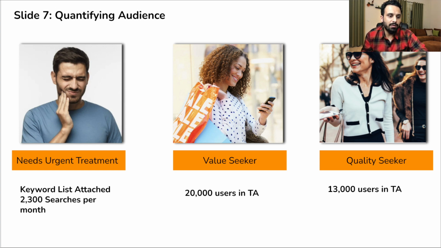And then when we look at value seekers, there are 20,000 people in the target audience in UAE who are interested in dental hygiene in the last 7 days or 30 days, and at the same time, they are value seekers. And the third one, the quality seekers, we'll tell them there are 13,000 people in our target audience in UAE who are quality seekers. We can get all of this information from different tools like Facebook Planner and Google Ads Planner, which are also free to use.